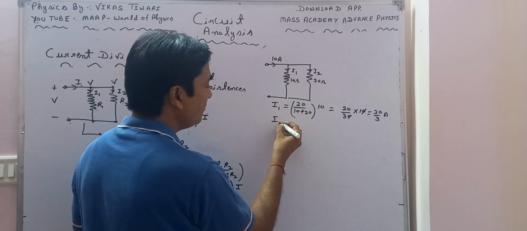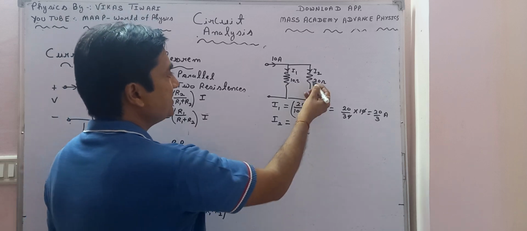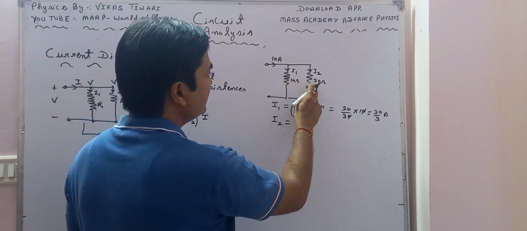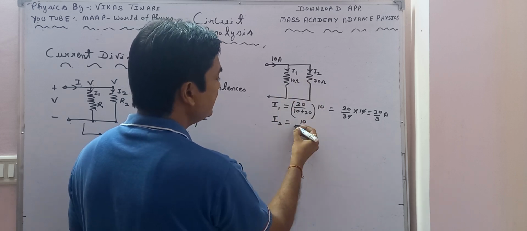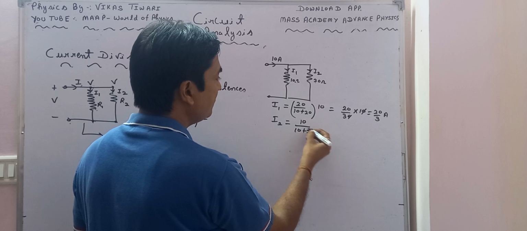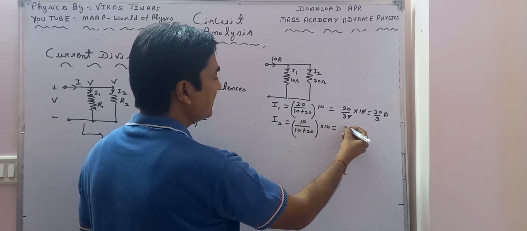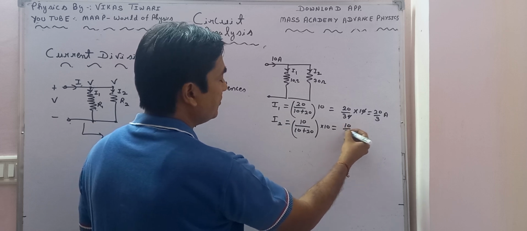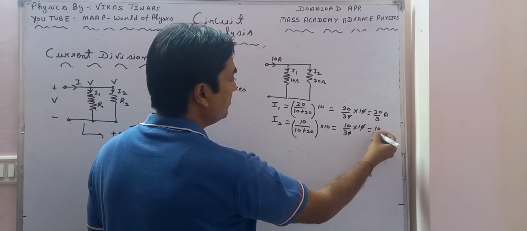And if I want to find the value of I2, I take the resistance in front of this one. This is 10, over the sum of these two resistances, 10 plus 20, into total 10. So it becomes 10 upon 30 into 10, which is equal to 10 by 3.